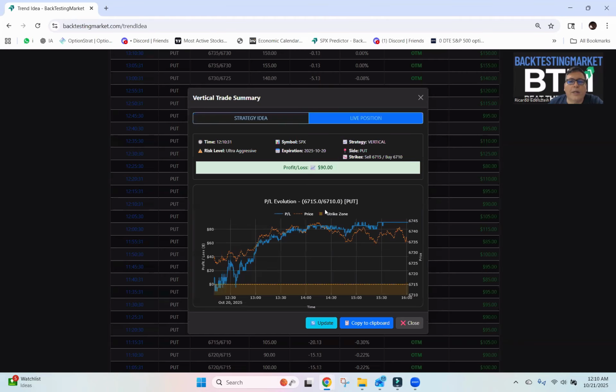Some people like to place two, three, four, five, even I heard 10 positions, and they leave as soon as they have 20, 30%, or even 50%. But this Backtesting Market platform has been designed to place the idea until it expires. That's how we measure and how we run the test, just letting it expire.